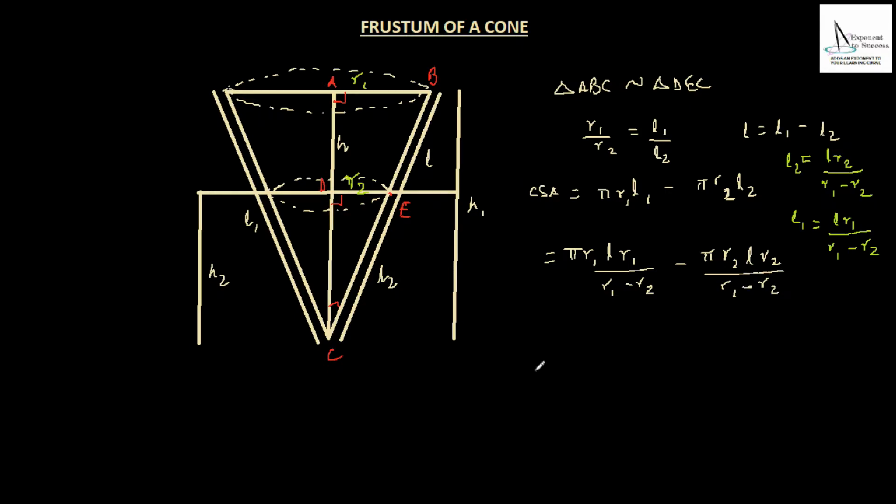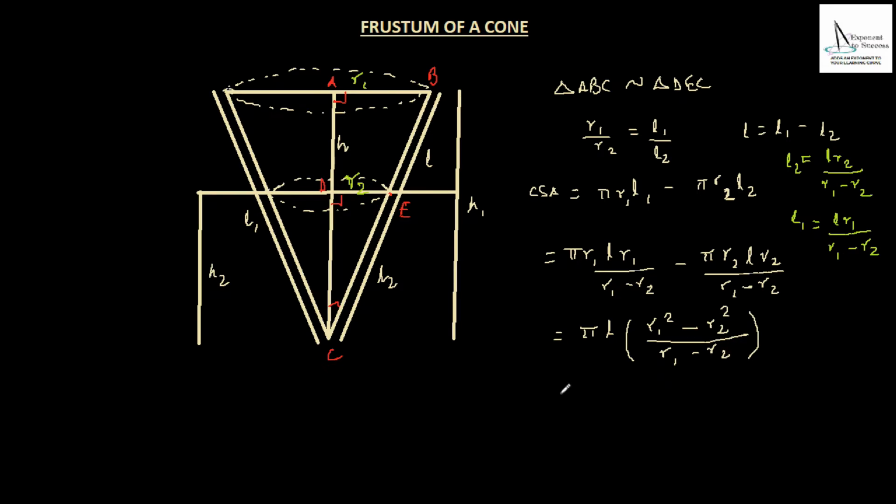Now out of both these terms, we can take some things common. So I can take pi as common, and I can see that L is also common in both of them. So taking pi L as common, we are left with R1 times R1 here, so that becomes R1 square, minus R2 times R2 here, so R2 square, over the denominator, which is the same, R1 minus R2.